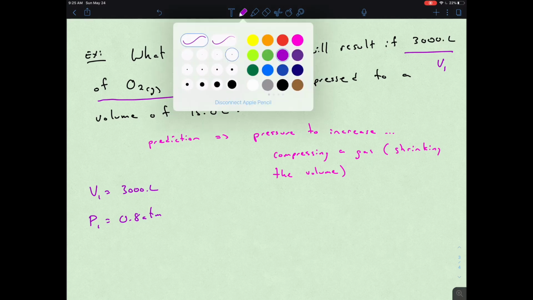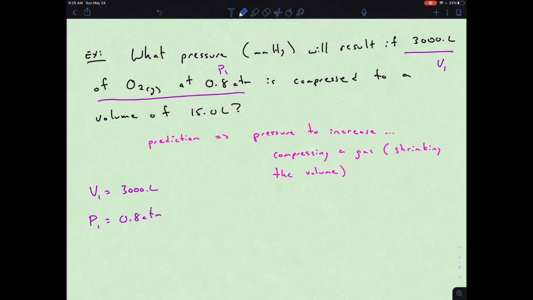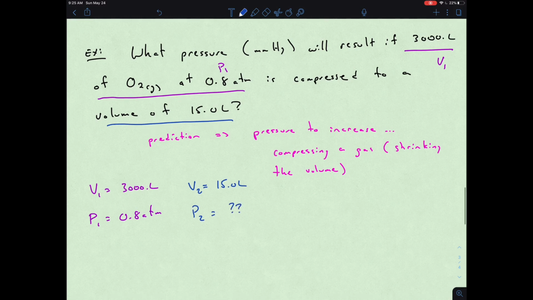Then we're asked, what pressure? Well, now we're compressing it to a volume of 15.0 liters. So our volume 2 would be the 15 liters, and then really it's the second pressure that we're trying to figure out.